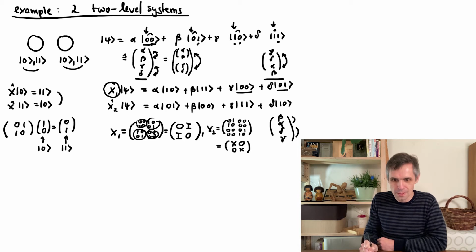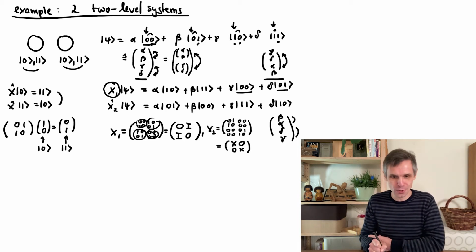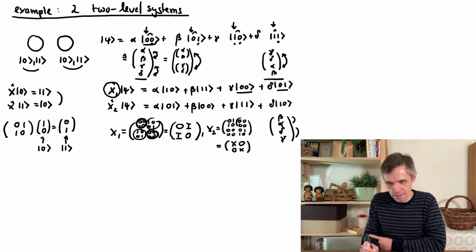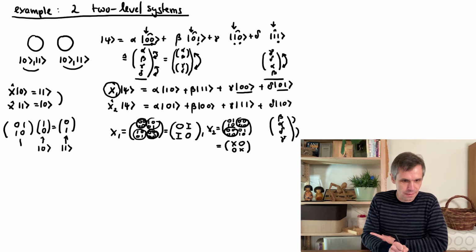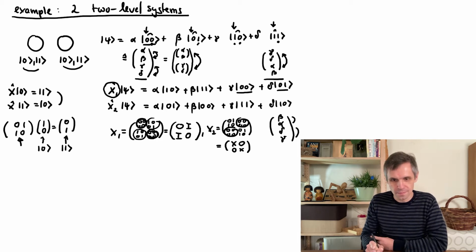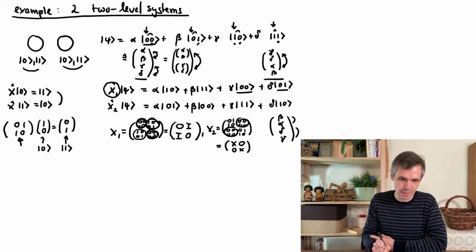Now the zeros are 2 by 2 blocks of zeros, just representing what we have here and here, as well as what we have here and here. And this matrix X is just the matrix that we have here. And the identity matrices are just the 2 by 2 identity matrices that we have at these places here.